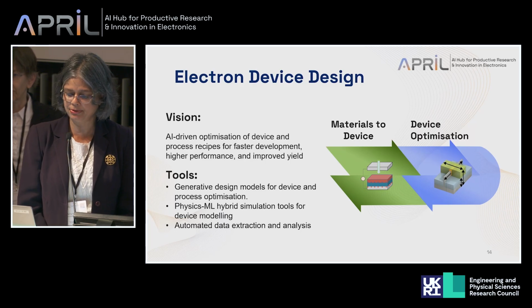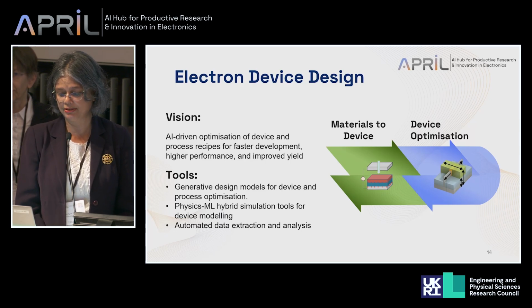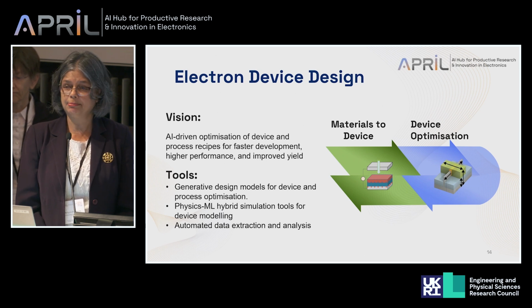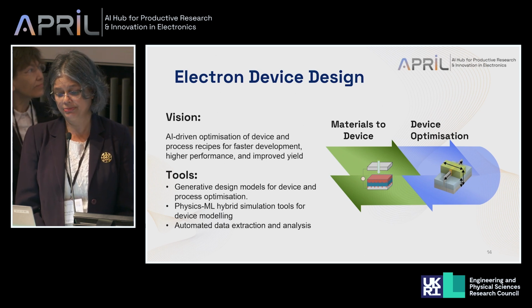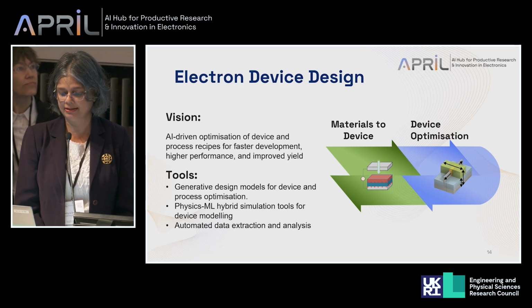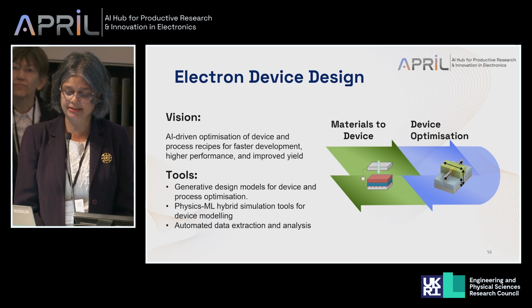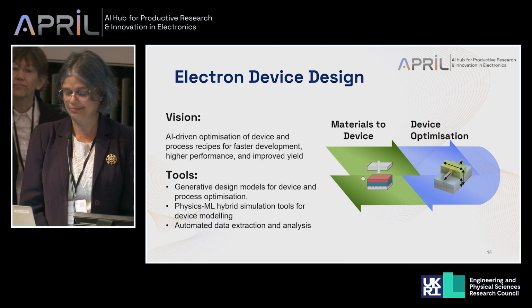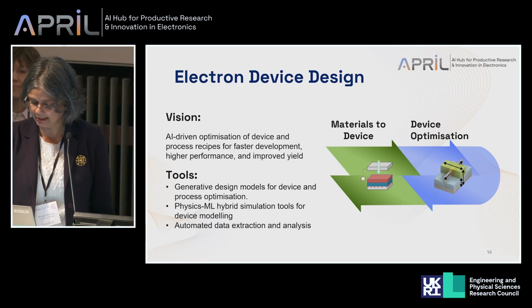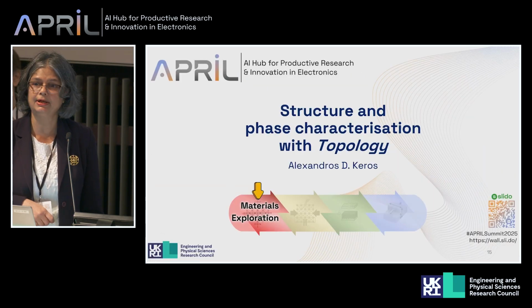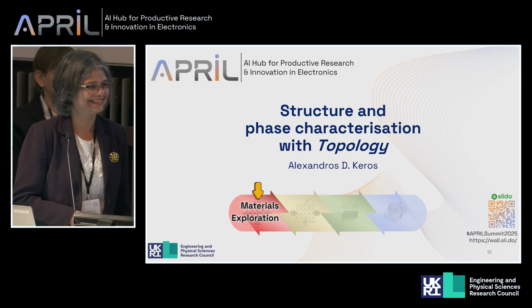And the tools we hope to develop are generative design models for device and process optimization, hybrid models with physics and machine learning for device modeling, and automated data extraction and analysis. So I now hand this over to Alexandros. Thank you.